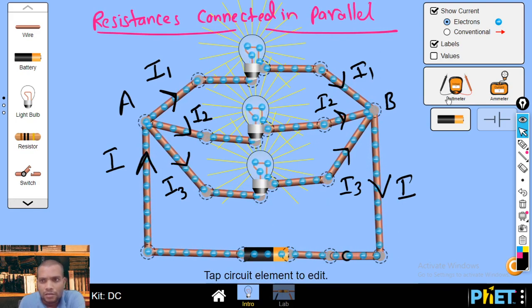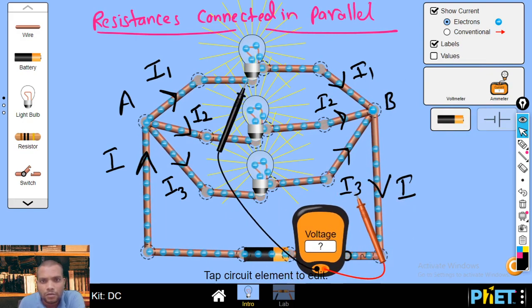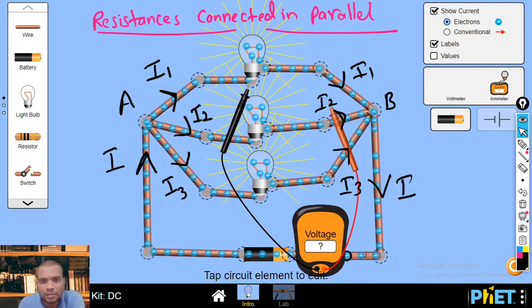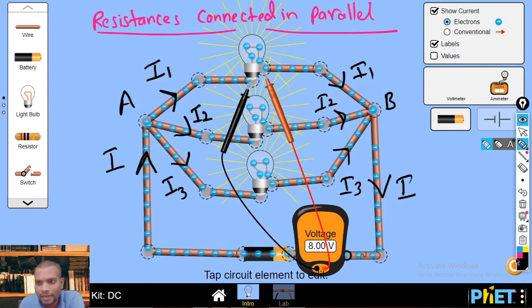Let me check the potential difference across each bulb. Checking across the first bulb, it is showing 8 volts.